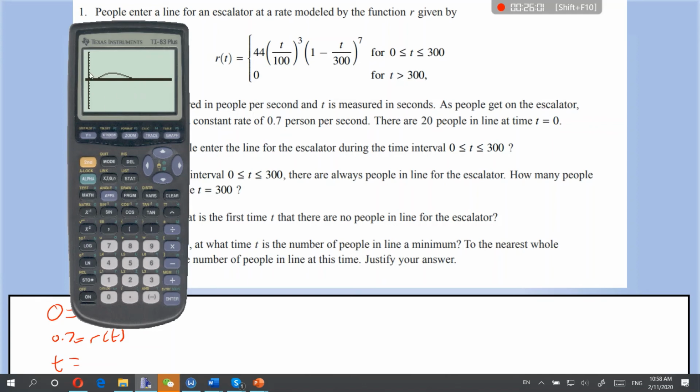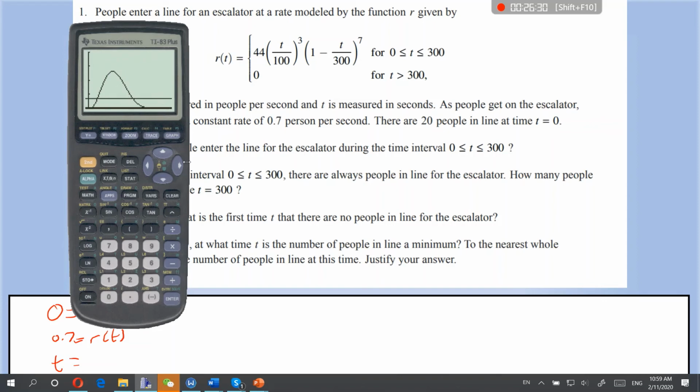Everything looks to be happening between 0 and 4-ish. Here's our r(t) one more time, the rate at which people are entering, and then that's our 0.7. So I just need to calculate these intersects.